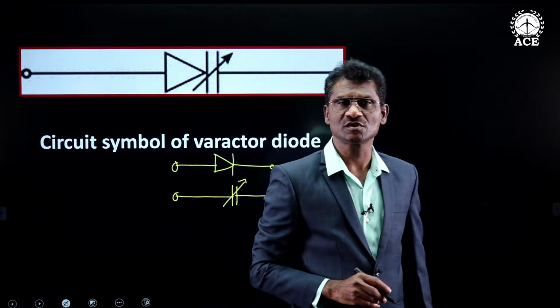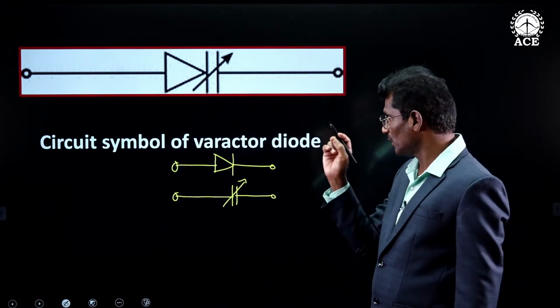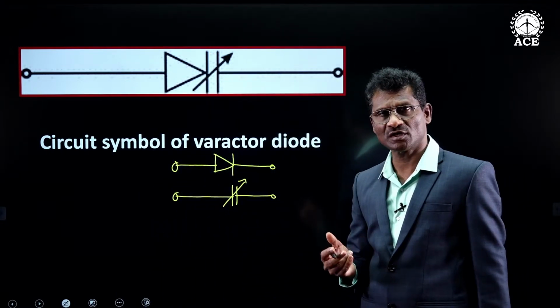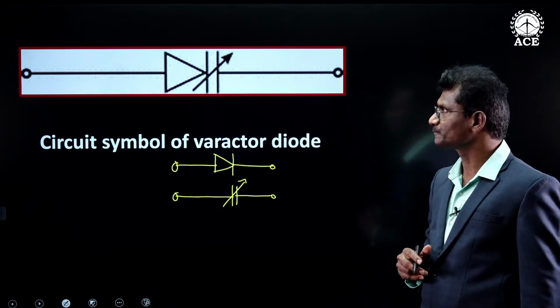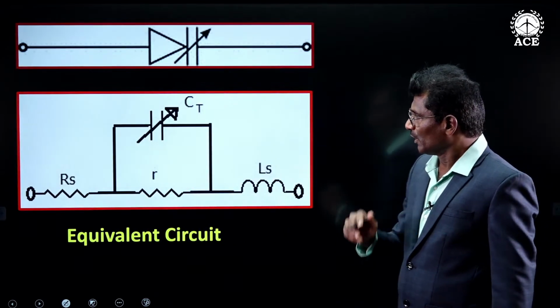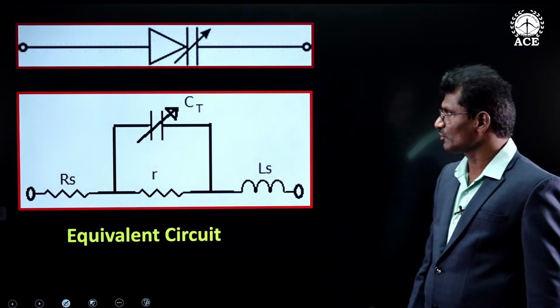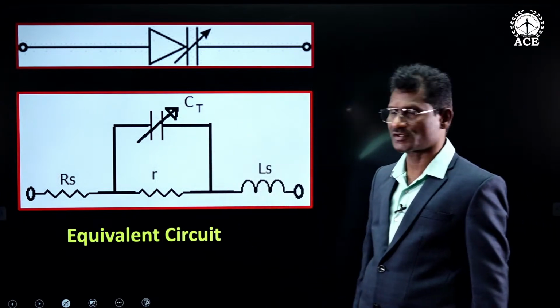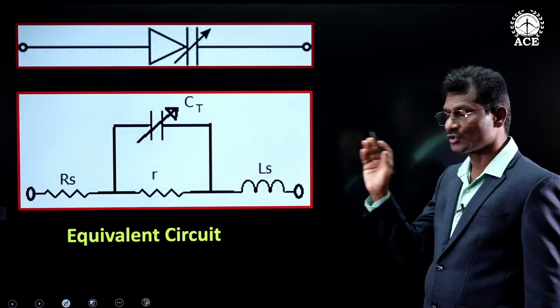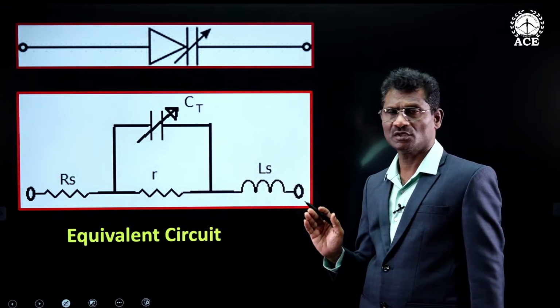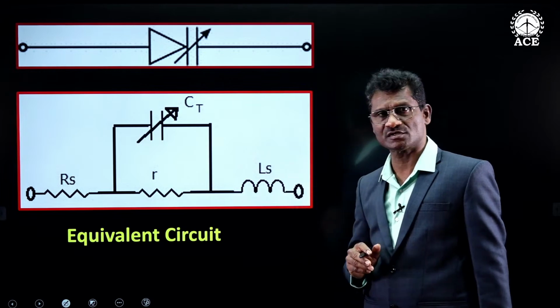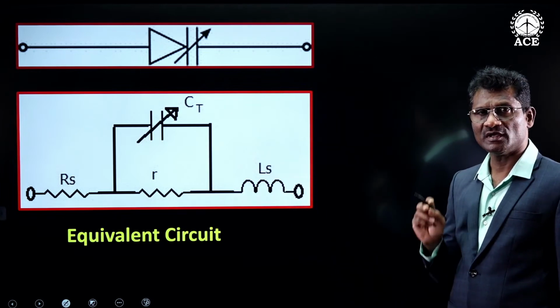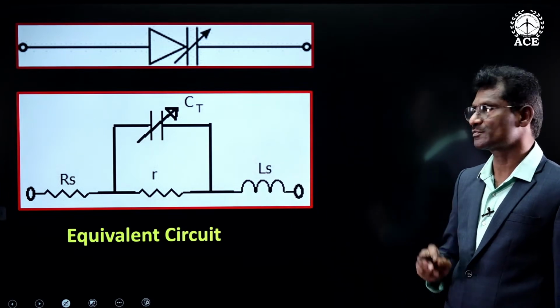So even circuit symbols have an internal meaning. Based on that, you can easily remember. And this is the equivalent circuit, wherein we are showing a variable transition capacitance. This occurs only in reverse bias. Remember that this transition capacitance which we are commenting is existing only in reverse bias.